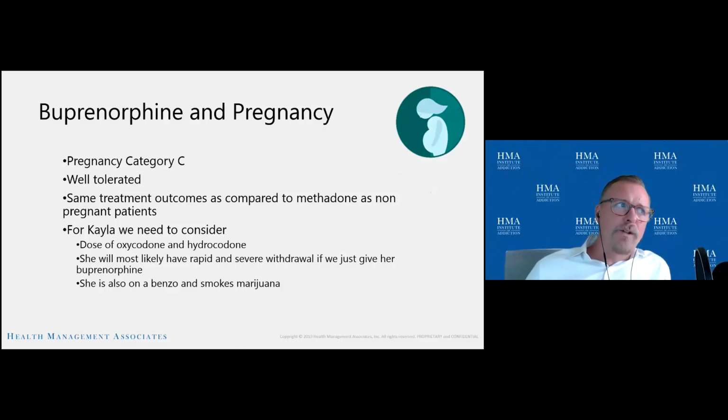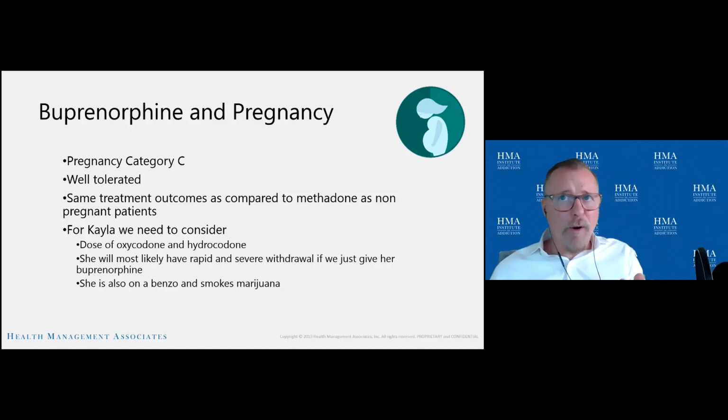A question that comes up a lot of times for this is, what about buprenorphine by itself versus the buprenorphine naloxone, which is the combination product? Reason we have the combination product is so that it has less diversion capability. And what we're finding now is that large European studies, as well as those in the United States, show that the combination product does not seem to impart any increased risk as compared to the mono product.